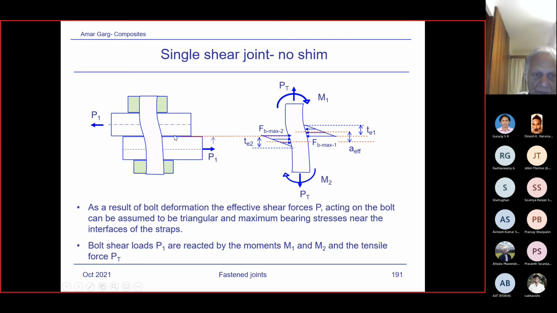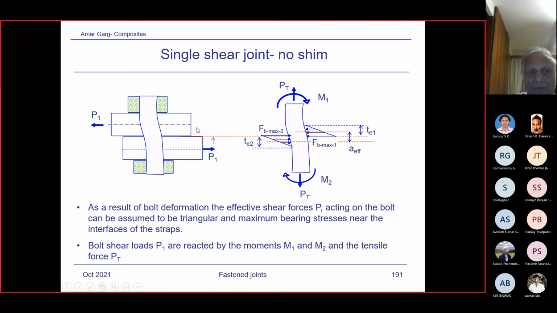So here, as I said, the stresses at this face, what you see here, this is a line. So this is in contact with this one. So the high stresses and the stress variation is this, bearing stress. Very high stress over here. And on this plane, this is in contact. So this is what happens.